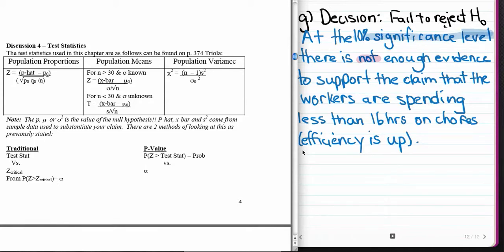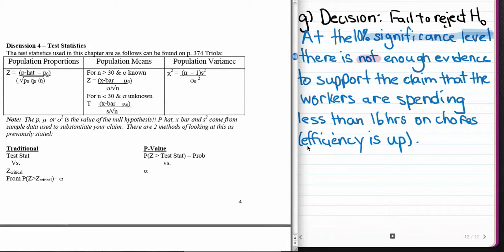So every single test statistic is going to revolve around three basic things. One, the sample statistic that is estimating the population parameter, and the standard error for that population parameter's distribution.